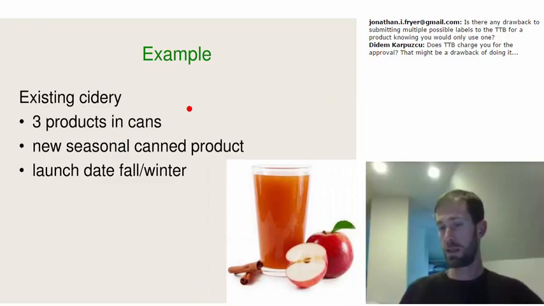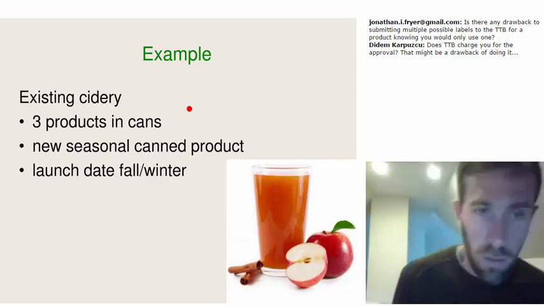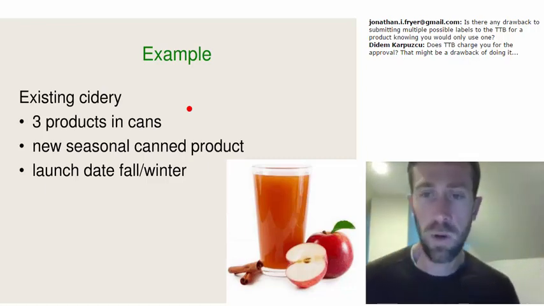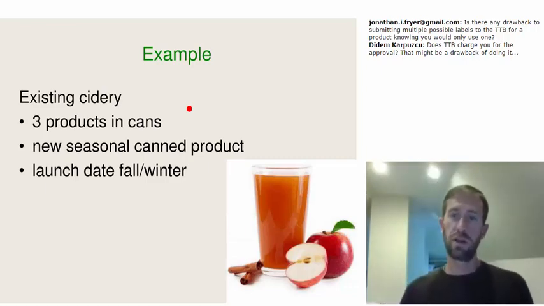So, like I said, I'm going to go through just a simple case study. We're going to run through the process with this as an example. So we're going to use an existing cidery. I've got a cidery that's been in business for 3 years. I've got limited distribution in the marketplace at some local grocery stores and nearby regional pubs.